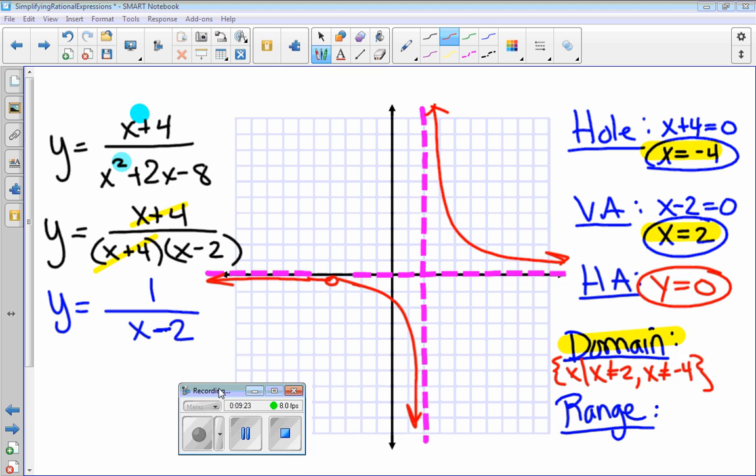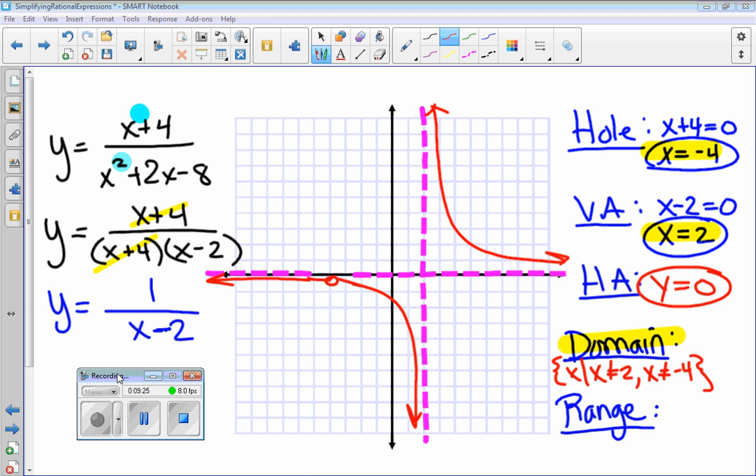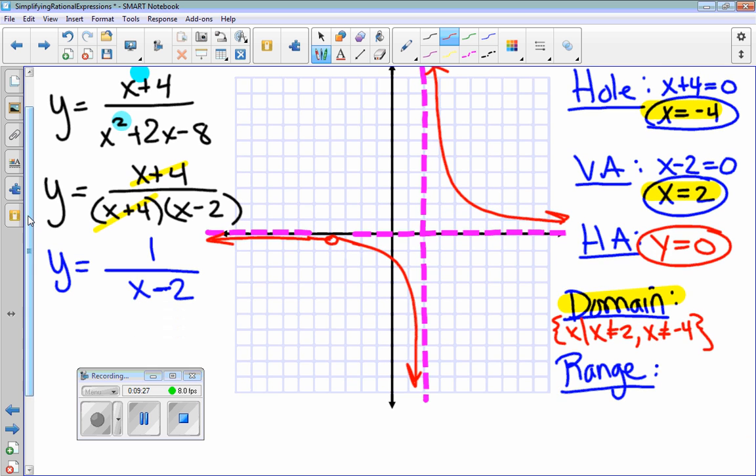Now, I don't think the range is on your OPQ, but as Christian was saying, this horizontal asymptote deals with y. Ranges are y's. If I go up and down and I'm looking at y values, what is one y value that can't happen? Well, 0. Would you agree? Okay. There's also a y value where the hole is.